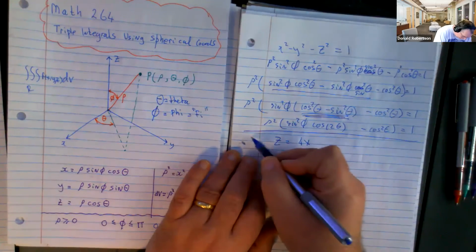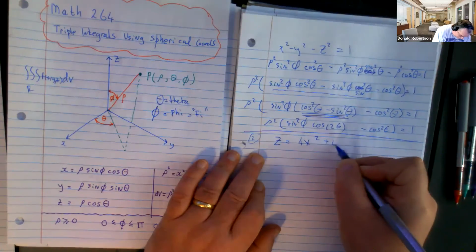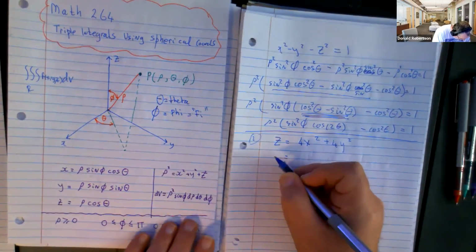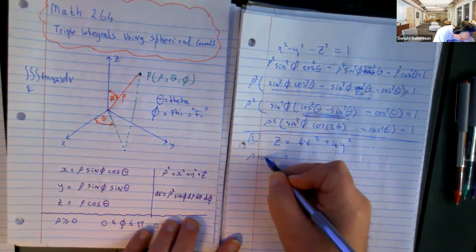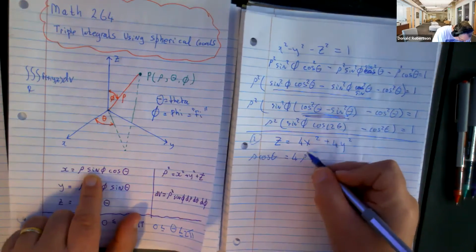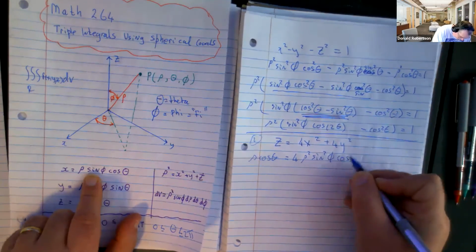And this is from question 2. Z equals 4x squared plus 4y squared. Z is rho cosine theta. 4 times this guy squared, and this time I'm going to try and make sure that I do it properly.